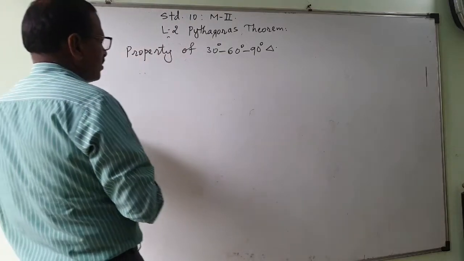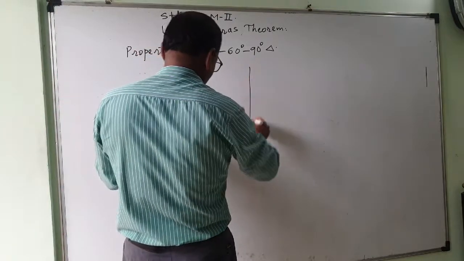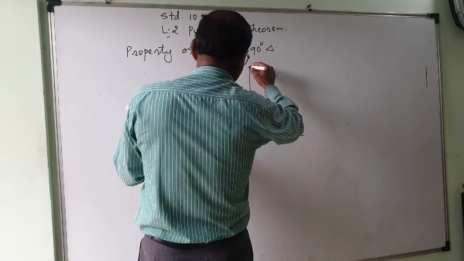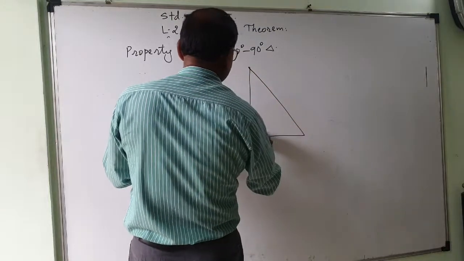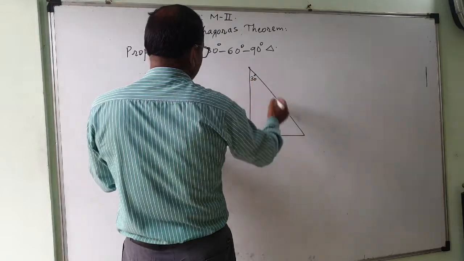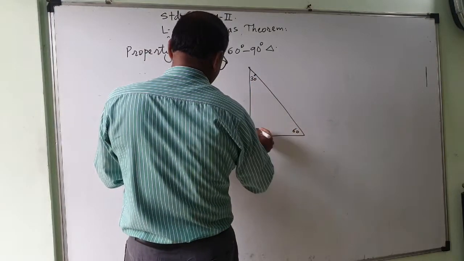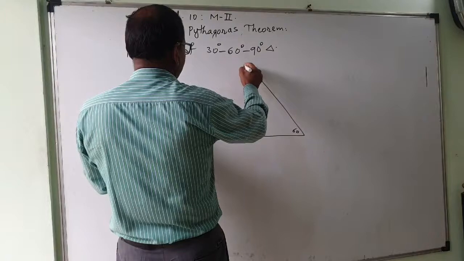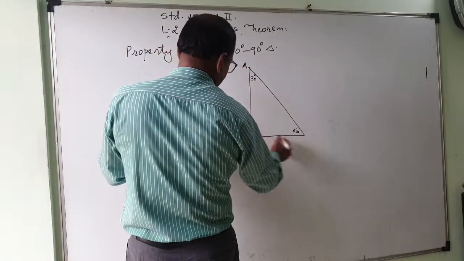I will draw the 30, 60, 90 triangle over here. This is 30 degree, this is 60 degree, and this will be 90 degree. Name of this triangle is suppose ABC.